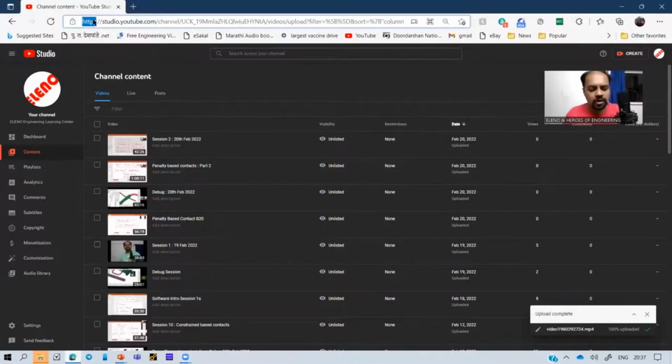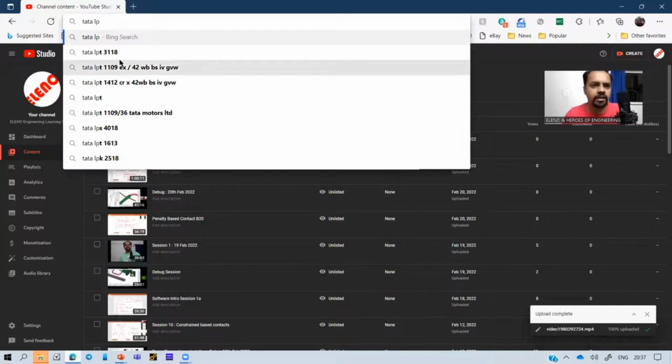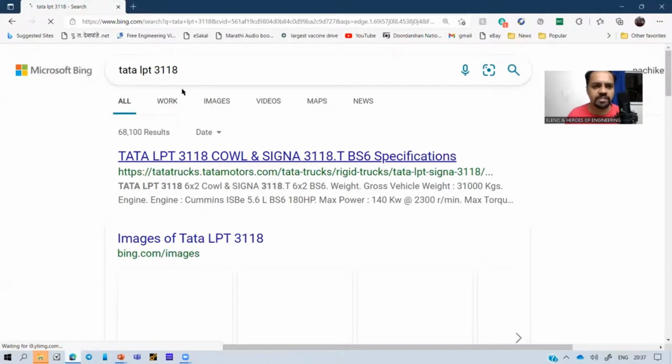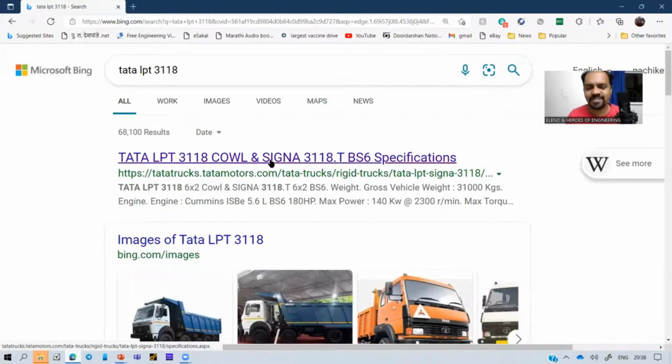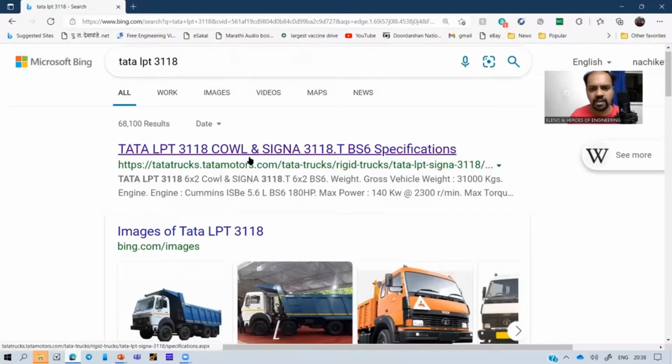If you go for Tata LPT3118, for example. By the way, do you know what is the significance of this 3118 or 1216? Just a general question. So this is a cowl and Signa chassis.